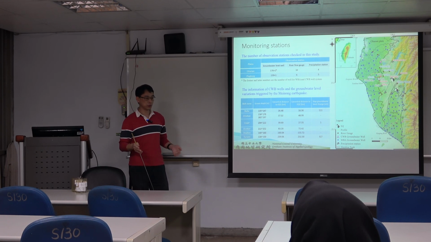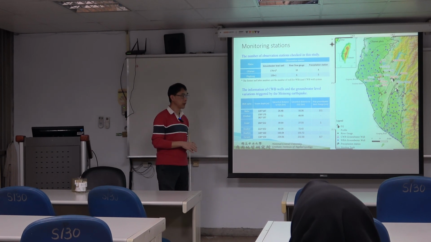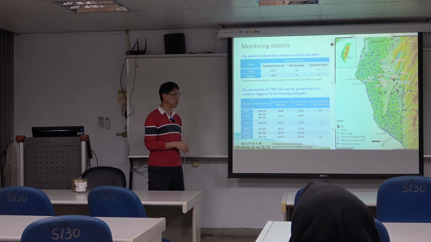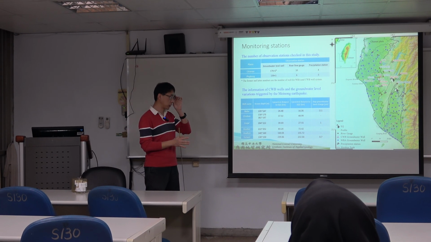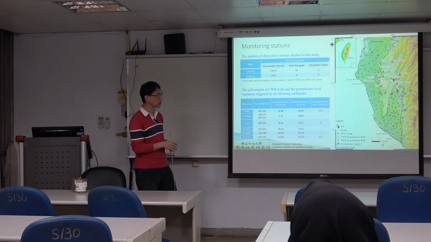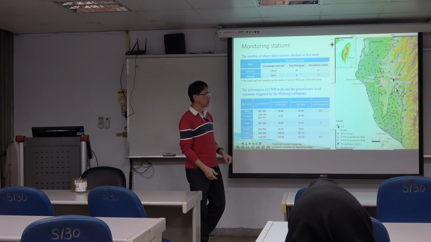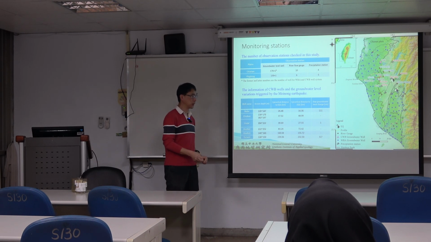So you can see the river discharge increase. And that has been proposed worldwide. A lot of research talks about that. And in the Chi-Chi earthquake event, we see that quite largely. But in the Meinong earthquake event, we do not see it significantly. So we also check the river discharge quantity. Later you can see that.